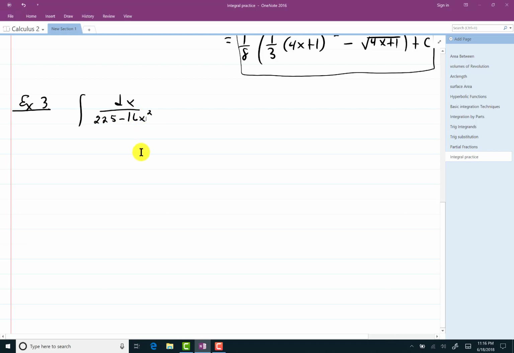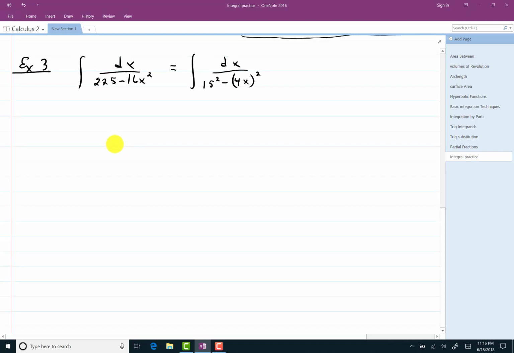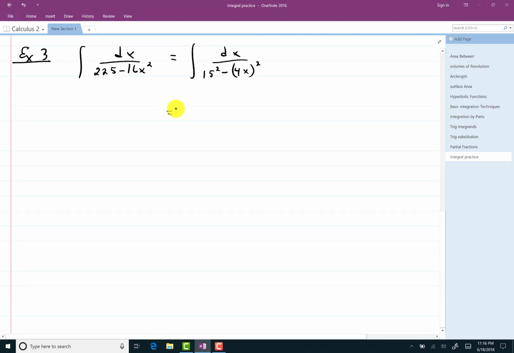You should probably know that when you have a difference of squares, it factors readily. So I have 15 squared minus 4x squared. So I'm going to use a difference of squares formula, and I'll get dx all over 15 minus 4x times 15 plus 4x.